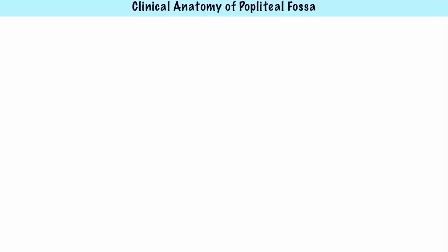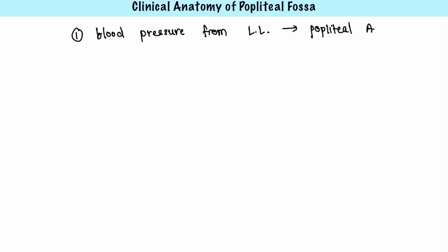Now, the last topic, clinical anatomy of popliteal fossa. First is that blood pressure from lower limb is recorded from the popliteal artery. Second point is very important.